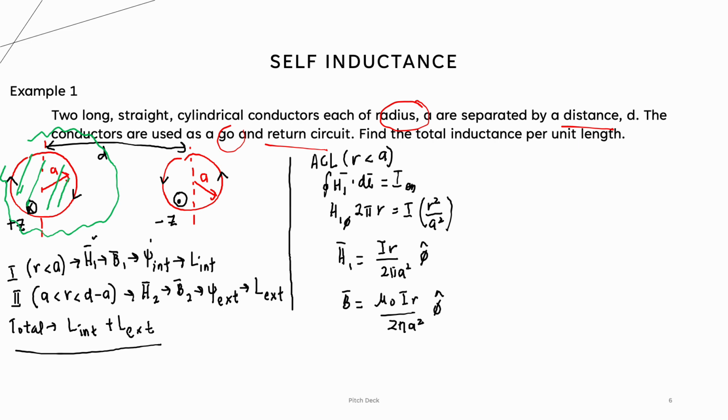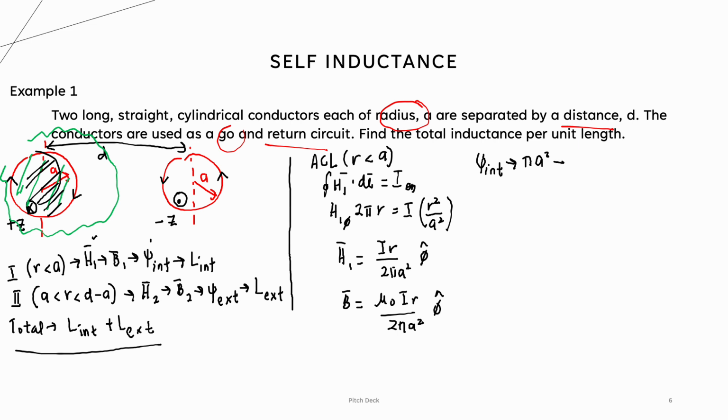Before that, guys, in order to find the flux at the internal side, the area is the whole total area inside the conductor, which is pi a squared.